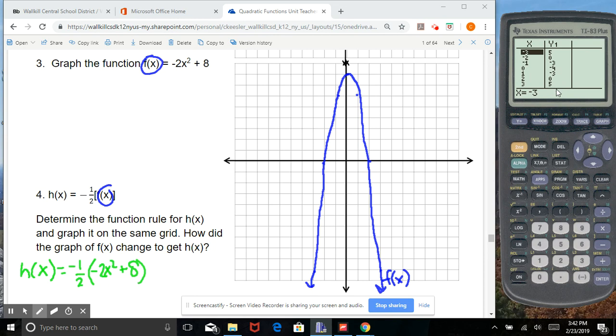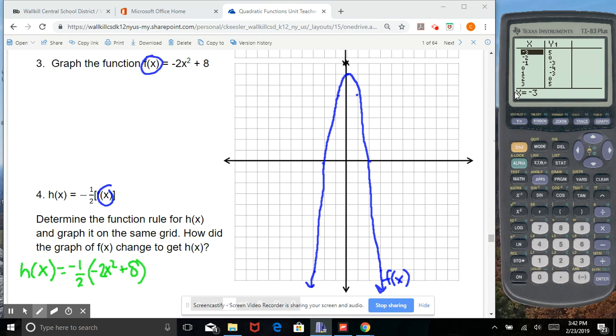So now we see we have a minimum point instead of a maximum point, which makes sense because the negative and a negative is going to make this a positive, so it's going to reflect our original equation. Okay, so we're going to start graphing this and then say what happened here.